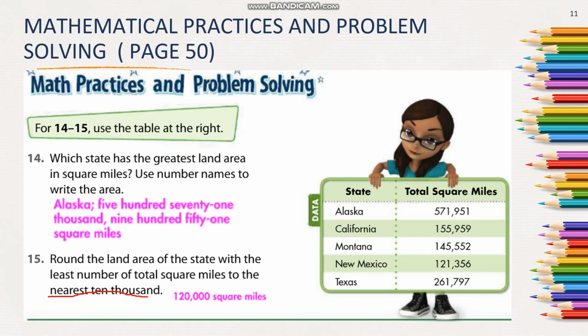The 10,000's place is 2. And what is the rule in rounding? If it is followed by 5 or more, add 1 more. And if it is followed by 4 or less, just ignore. It means we simply copy 2, the digits to its right you change to 0, and the digits to its left you simply copy.